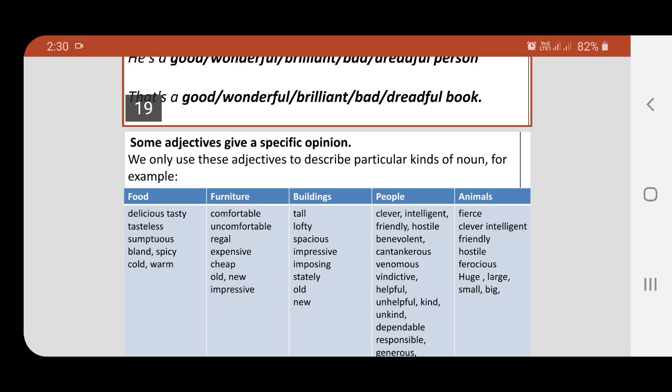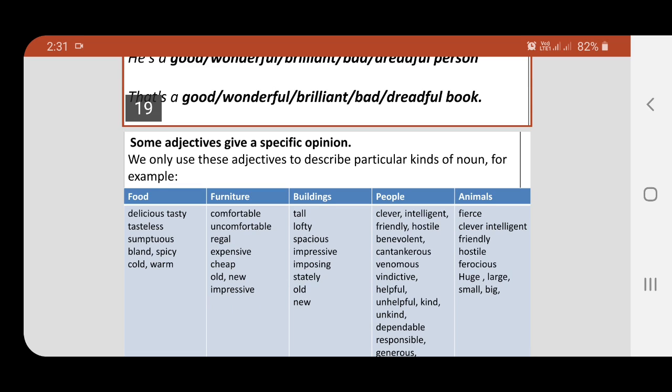So all these adjectives can be used to describe furniture. Antique, that is also an adjective. Antique varieties, that means they follow the old style. So these are the adjectives that are used to describe furniture. Let me repeat: comfortable, uncomfortable, regal, expensive, cheap, old, new, impressive.